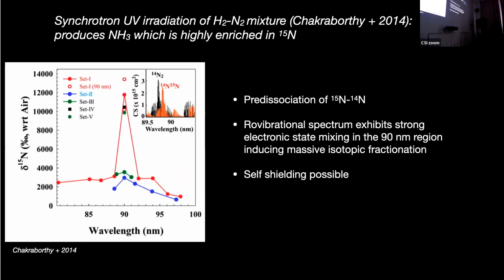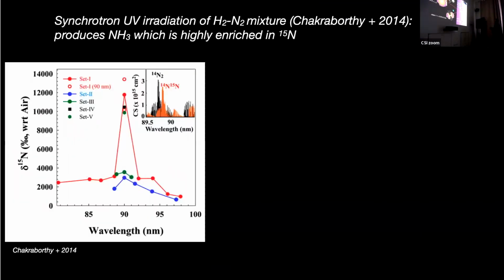And I will go quickly there because of time, just to mention that a group of scientists at the University of California, San Diego, led by Marty, also succeeded in enriching nitrogen by several thousand per mil, or several hundred percent, in some experiments where they flew some H2 N2 gas and illuminated this gas with synchrotron UV radiation in the same range as the solar stellar radiation, and they obtained huge enrichment in nitrogen-15.